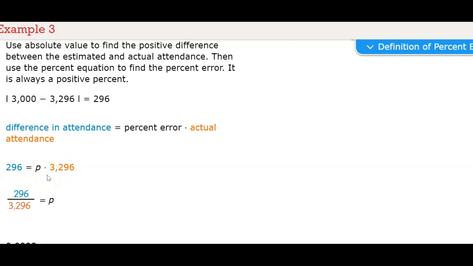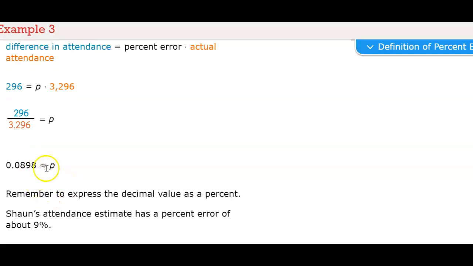Then you have to divide 296 by 3,296, and you get approximately 0.0898, and then you multiply that by 100, and you have to round that to 9% error of Sean's estimate.